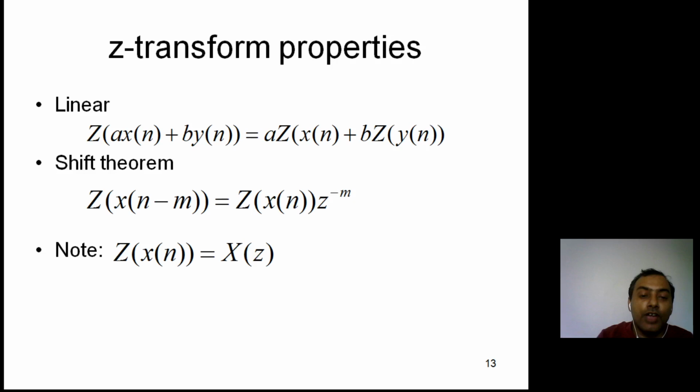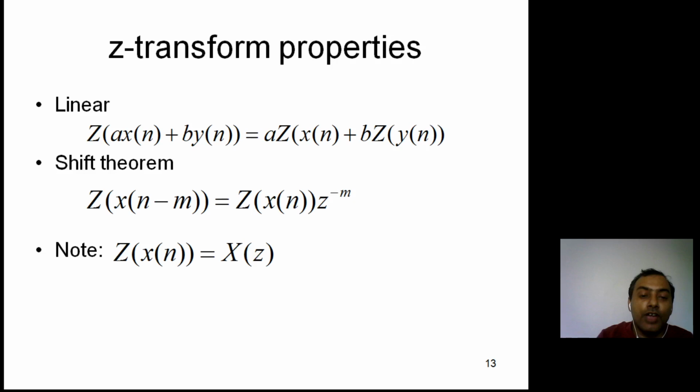So the ratio Y(z) to X(z) is the transfer function of the system. We can calculate it from the sequences x(n) and y(n) by taking their Z transforms. I hope it is easy for you to understand, because you already know this.